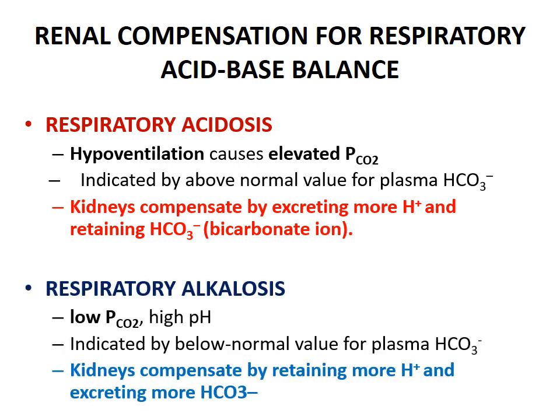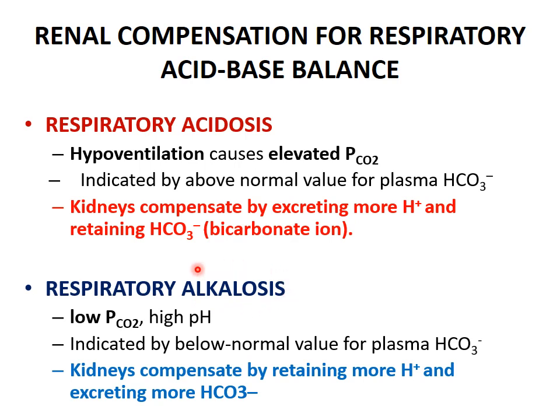Respiratory alkalosis. Here, if it is a problem with the lungs, the situation is a low PCO2 and low H ions, indicated by a below normal value of plasma bicarbonate. So kidney will try to compensate by retaining more H ions and excreting more bicarbonate, because here the problem is too much alkali or base in the blood.